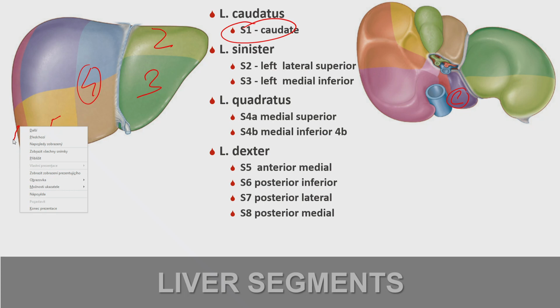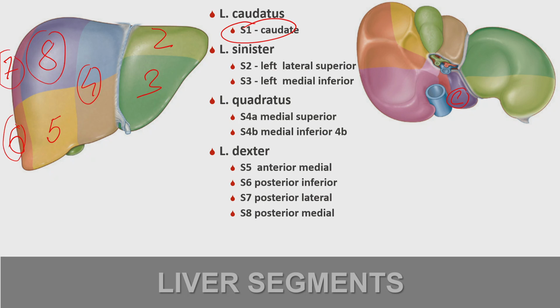Then we have 6, which is dorsal, lower, and 7 and 8. What is important is to know the numbers, not directly the names. So posterior medial, posterior lateral, 7, 8. Posterior inferior, posterior medial, 6 and 5.